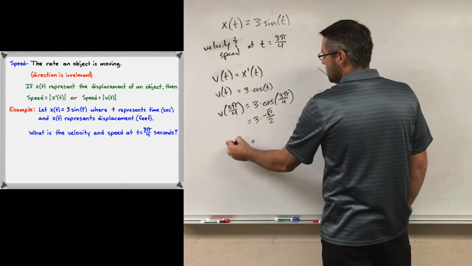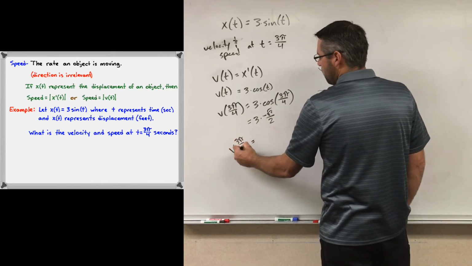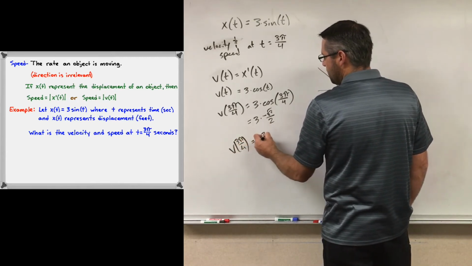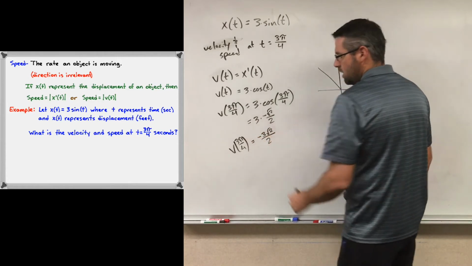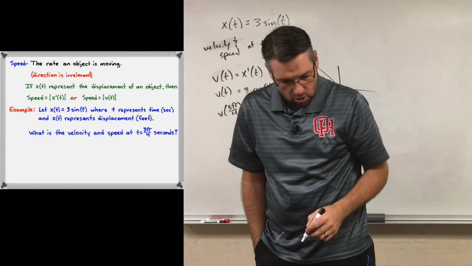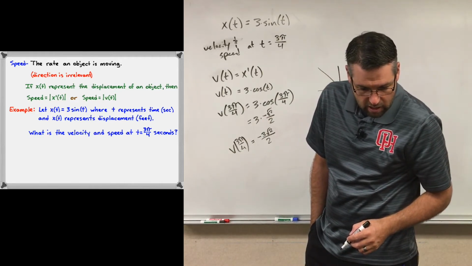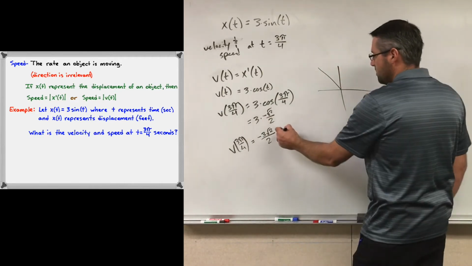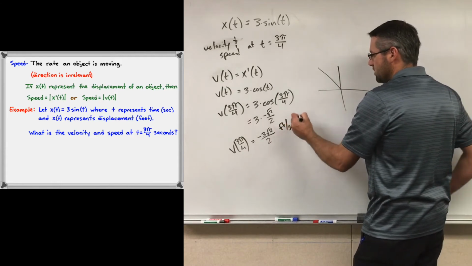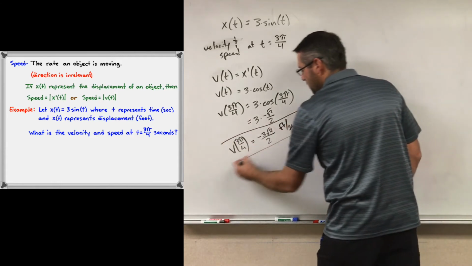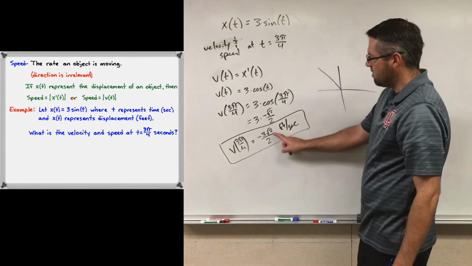And so our velocity at 3 pi over 4 is negative 3 radical 2 over 2. And the units on this were seconds and feet, so this is going to be feet per second. So that's my velocity. Okay, so what's that tell me? That tells me I'm going at some rate.